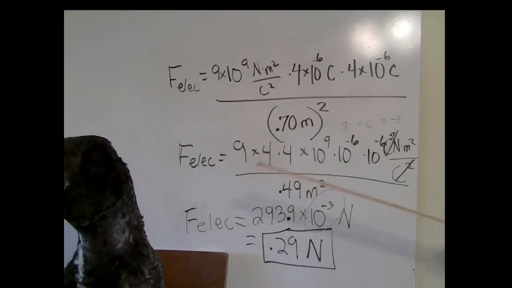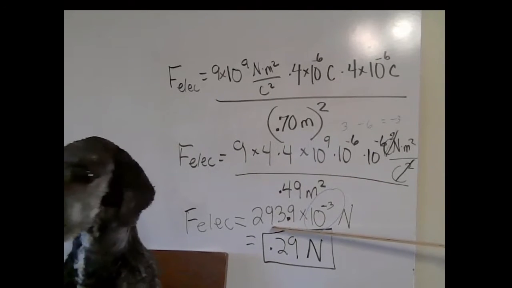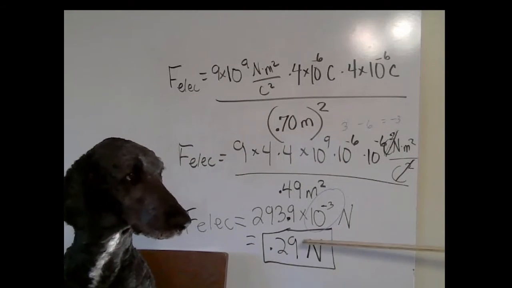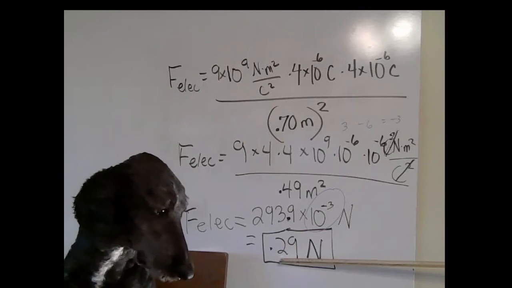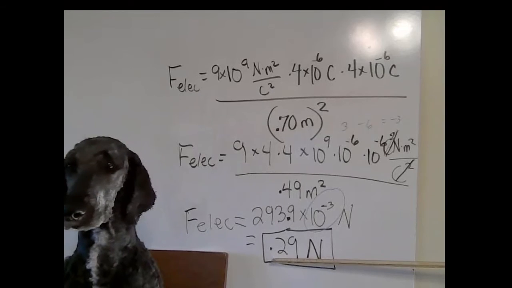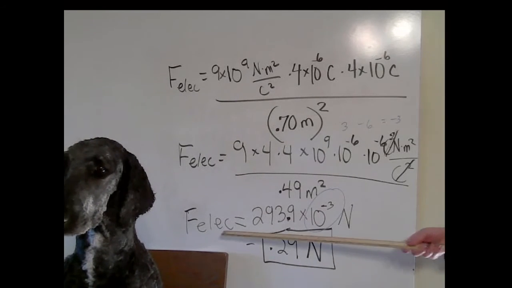When you multiply all this out, you end up with 293.9, so move the decimal over 3 places to the left, and in your final answer using significant digits, you end up with 0.29 newtons for the electrical force.